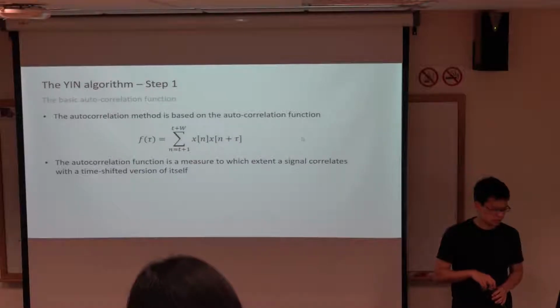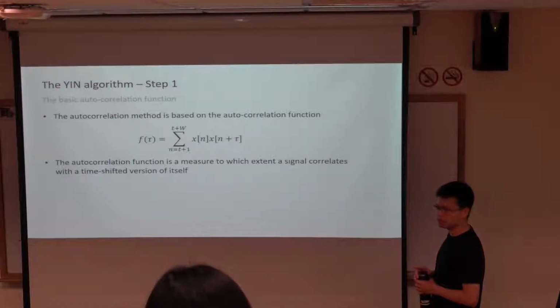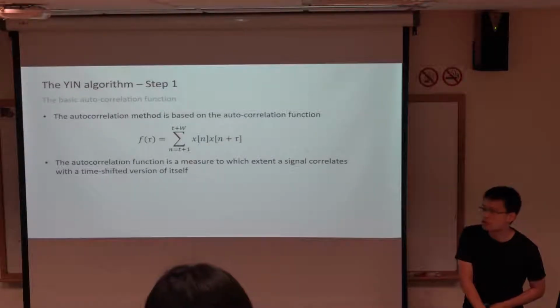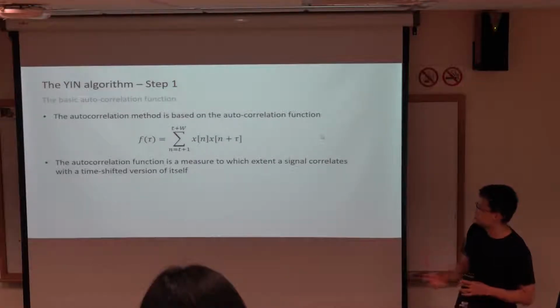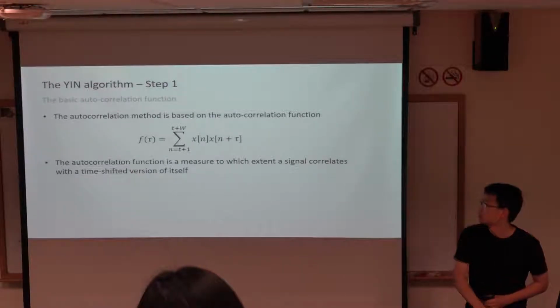So first let's look at the autocorrelation. If you attended my DFT tutorial last time, you have met this correlation function. It's a comparison between two signals, and we compare the similarity. And this time, we calculate the correlation between a signal and another signal which is itself shifted by tau beats.